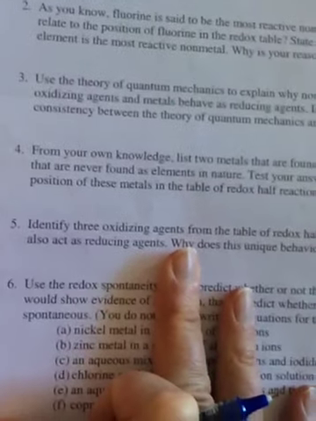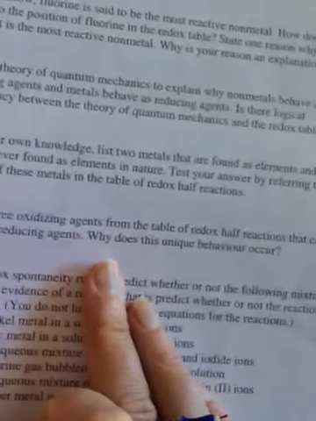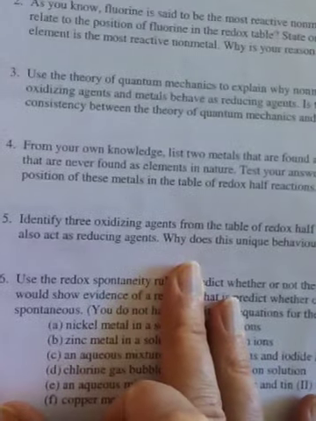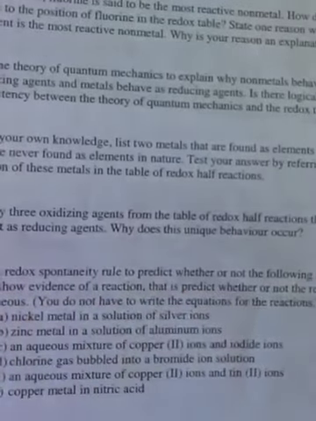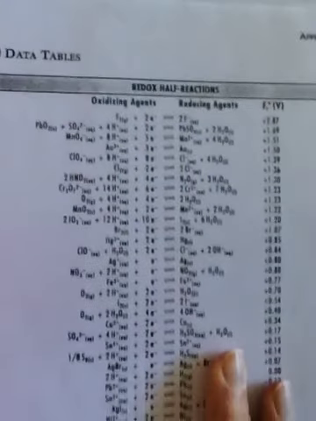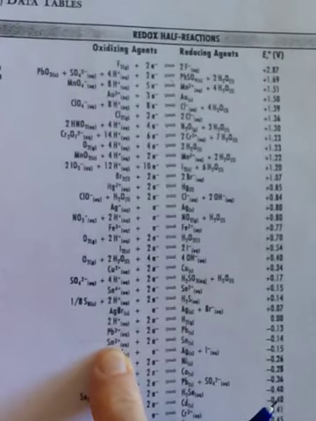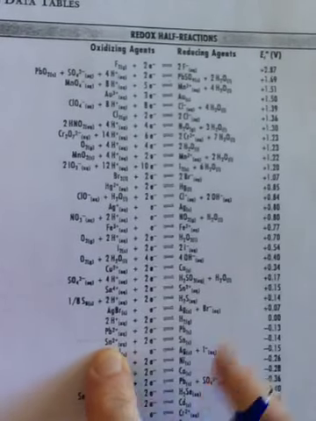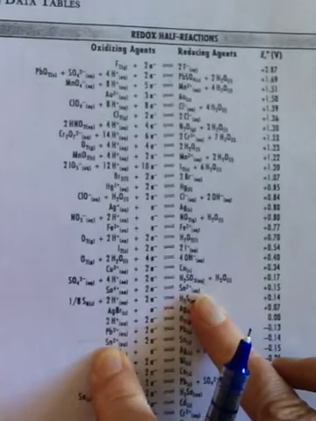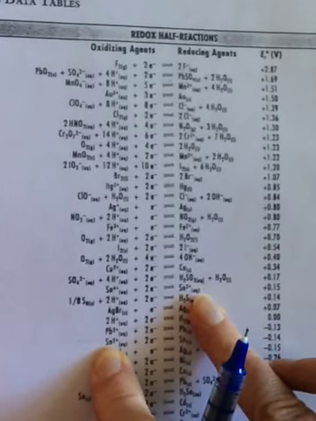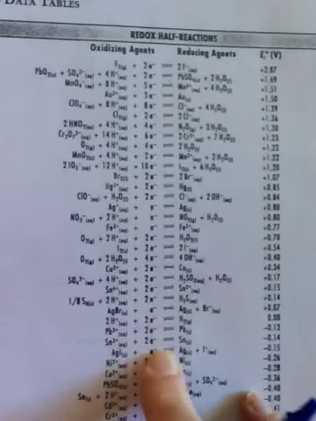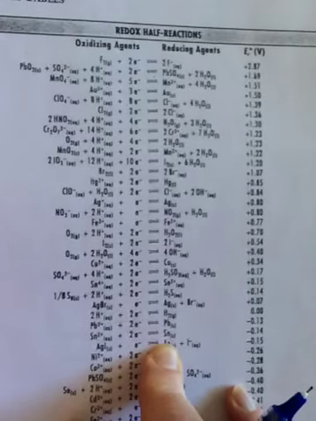All right. Identify 3 oxidizing agents from the table that can also act as a reducing agent. There's actually 4. There is Sn2 positive, which shows up here on the oxidizing agent side, and here on the reducing agent side. Okay, as an oxidizing agent, it goes to Sn solid.